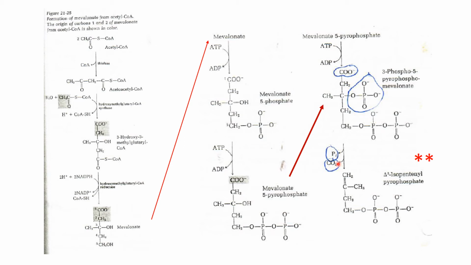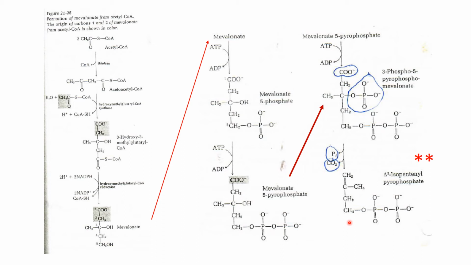Okay, there we go. 1, 2, 3, 4, 5 carbons. So we made a 5-carbon molecule. We started with 3 acetyl-CoAs, and now we're here to isopentenyl pyrophosphate. So we've got 5 carbons of the 27 we need.